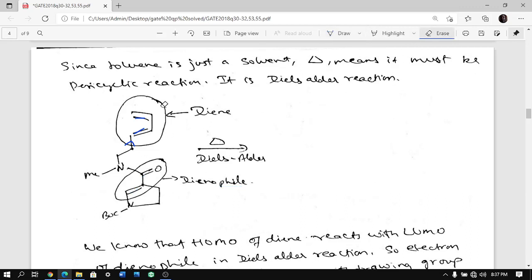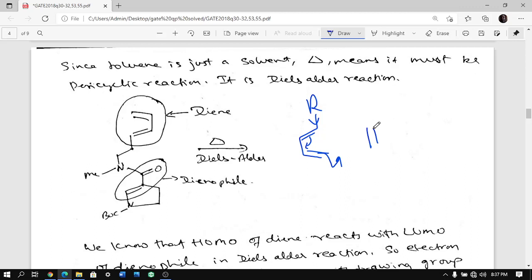Till now it is very simple, but what they basically ask is regioselectivity. So you understand this: a diene with a pumping group is favored. If you have some pumping group, it will pump electrons, so the electron goes here, it goes like this. So the first attack happens here, and this determines the regioselectivity.